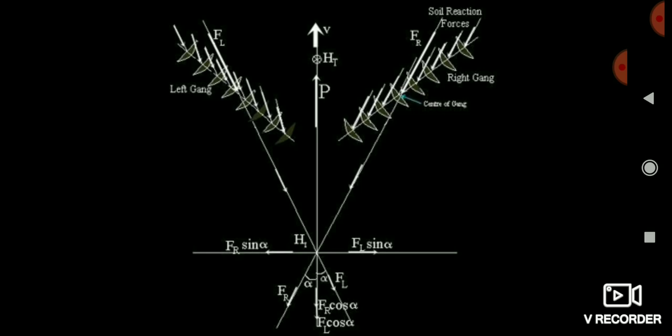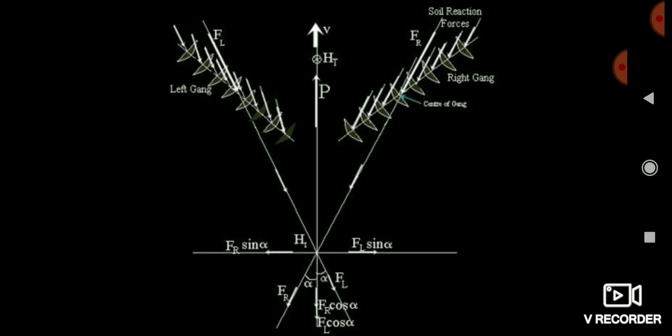And friends, here you can see that these both forces are acting at some angle, and that is called gang angle. Friends, gang angle is the angle which is made between the axis of both the gangs.